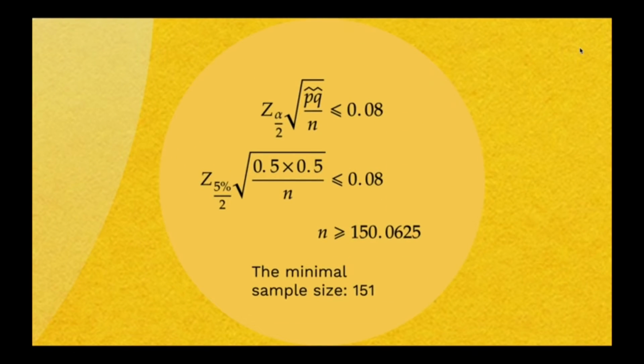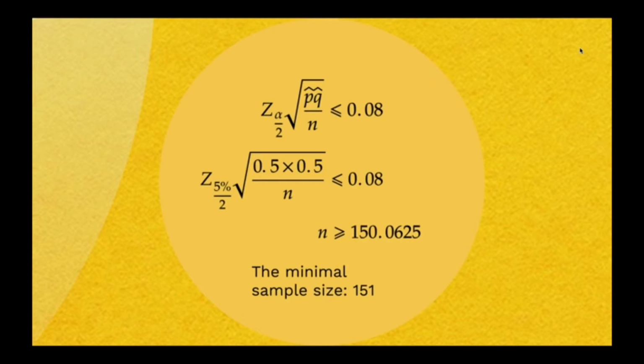Next, we apply the formula. The margin of error, which is z sub alpha over 2 times square root of p hat times q hat over n, should not exceed 0.08.